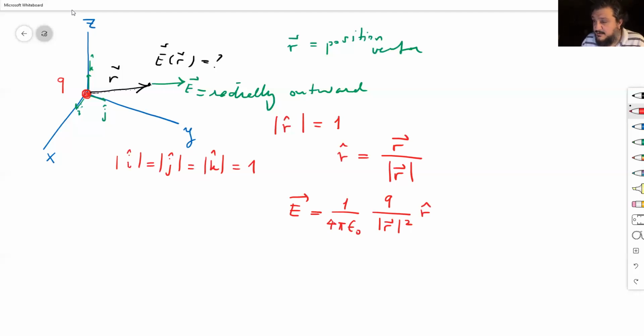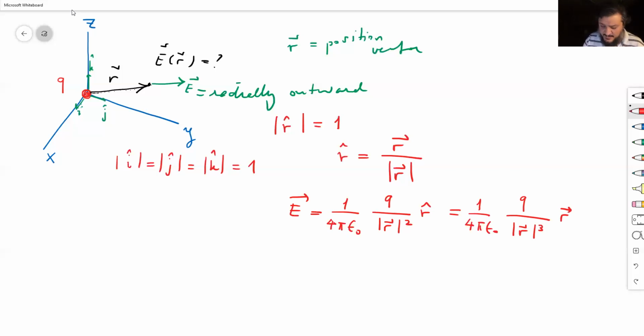Or if you will, 1 over 4 pi epsilon 0, Q over R cubed, and you add an R here. Same thing, just using the definition of R hat. The force is still an inverse square type of force. I'm just changing the way I write it. But that's the general form for a point charge.